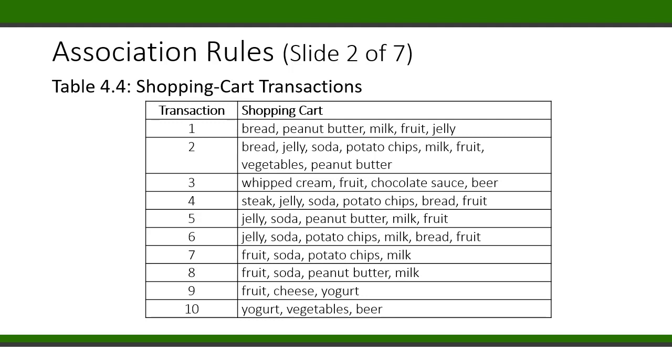So for our case, bread and jelly, and then peanut butter. In the example above, our support count, that is, it has to have bread and jelly and then peanut butter, so all three items, is only 2.